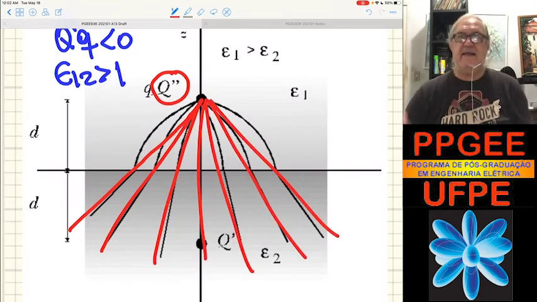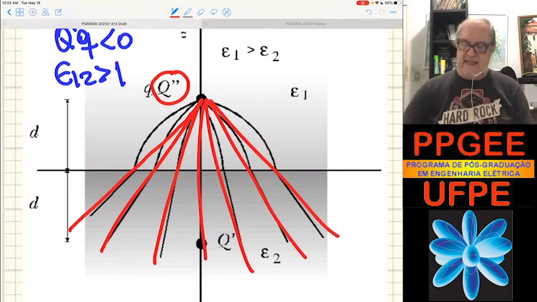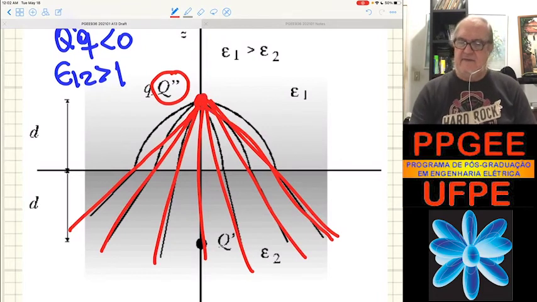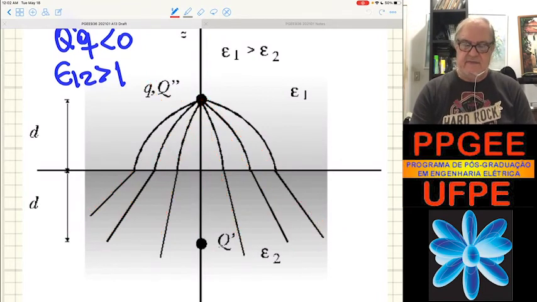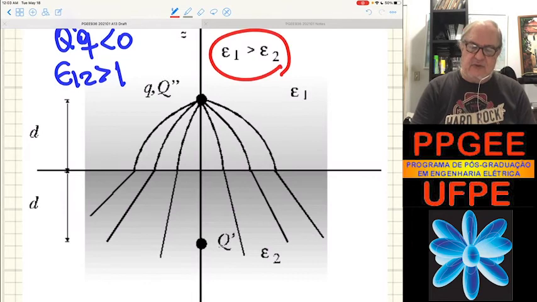So they are radial lines that, if you extend them, would end on the point charge on the upper hemisphere. Okay? So that's the curvature of the lines. I mean, for epsilon 1 larger than epsilon 2, we have to bend like this, then go like that.